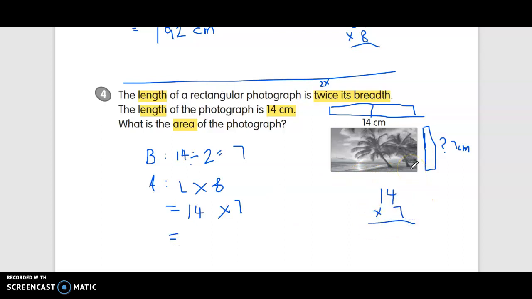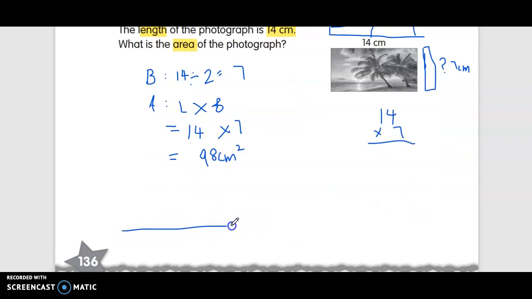Okay, after you've done your workings, your answer should be 98 cm square. Make sure you do your regroupings, I will check on that. And then you write your statement at the bottom. The area of the photograph is 98 cm square.